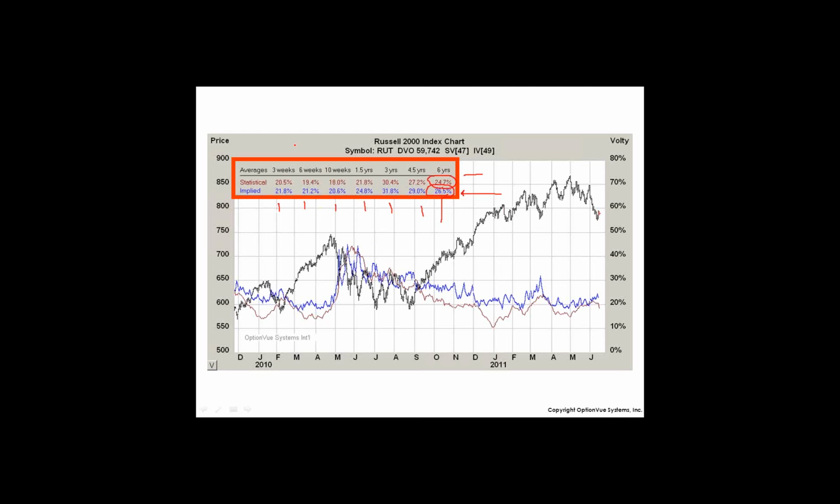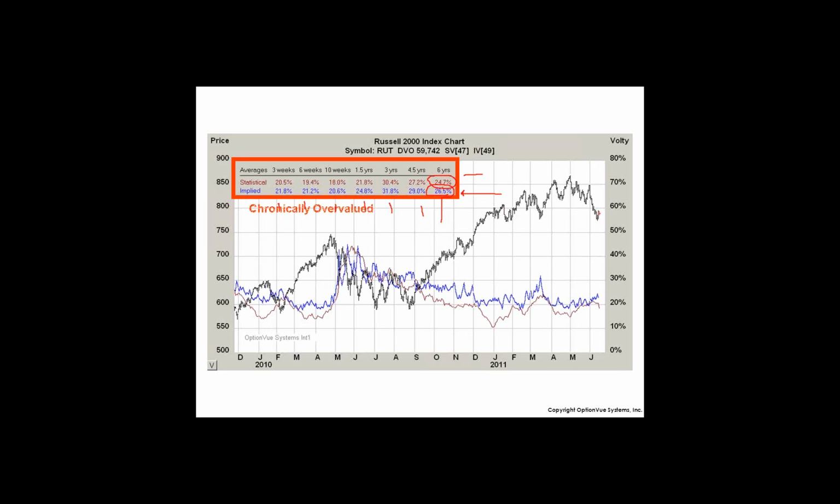And what this is telling us is that on average, the time value in the options is implying a volatility level higher than what typically comes to pass in terms of how much the underlying asset moves around.